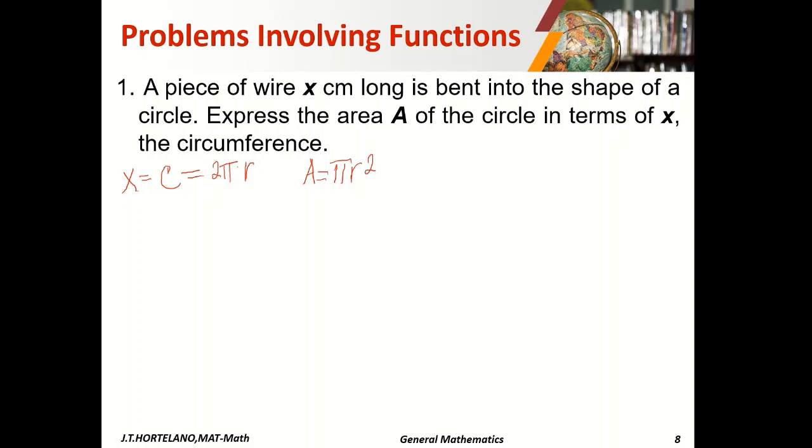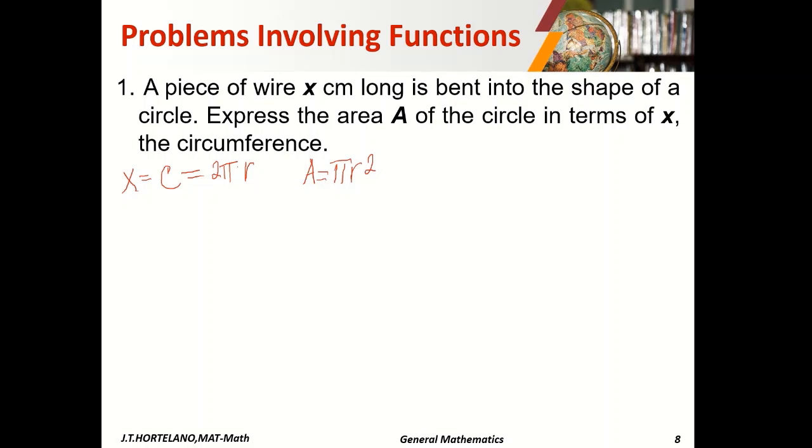So, sabi dito sa problem, express the area A, so this one, of the circle in terms of x. Now, we'll be using the circumference, which is x is equal to 2 pi r. Then, since ito ay may variable na r, we need to solve for r in terms of the variable x. Okay? Then, we need to plug in that r to our area.